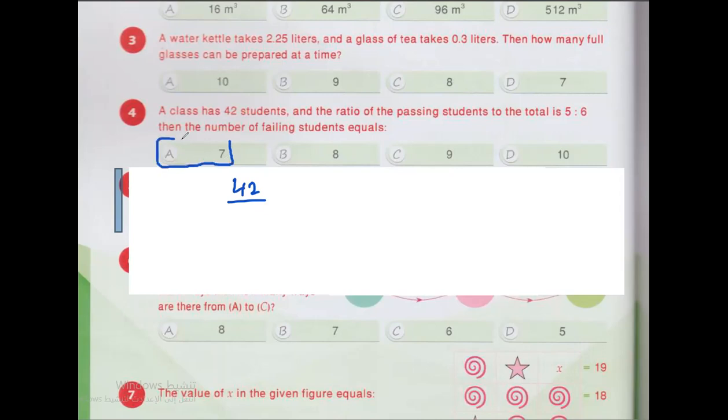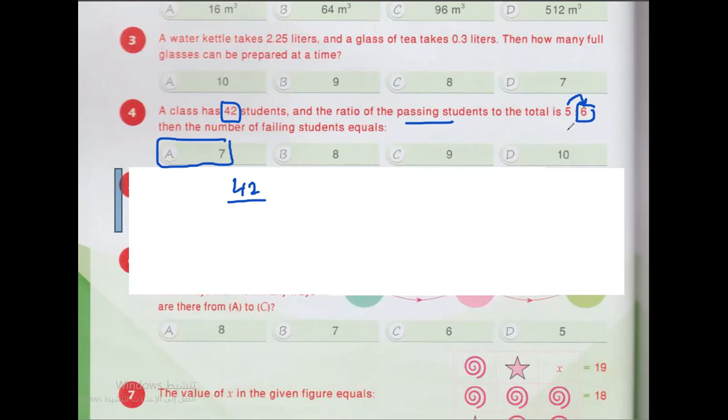Okay, I will show you a small method to know. Look here, a class has 42 students, right? And the ratio of the passing students to the total is 5 to 6. Then the number of failing students equals what is left.